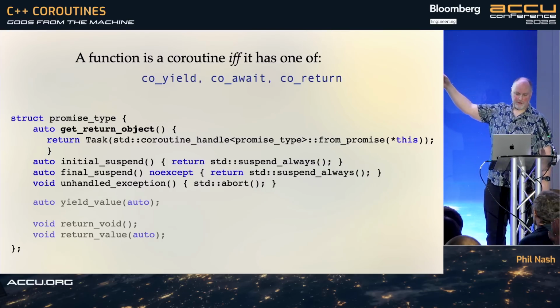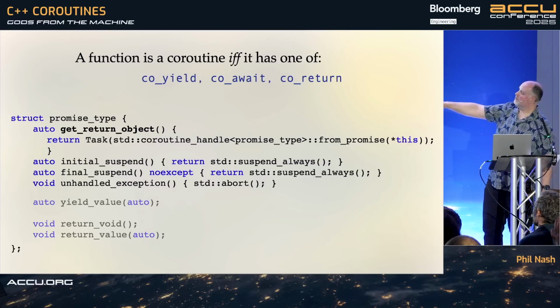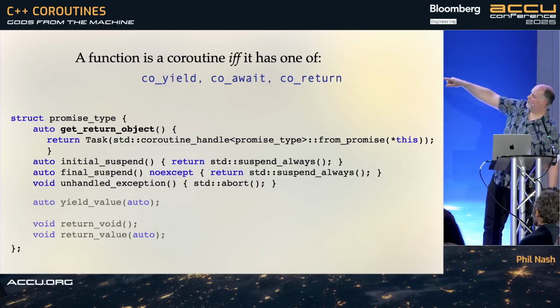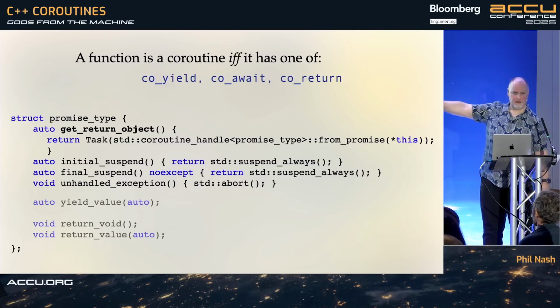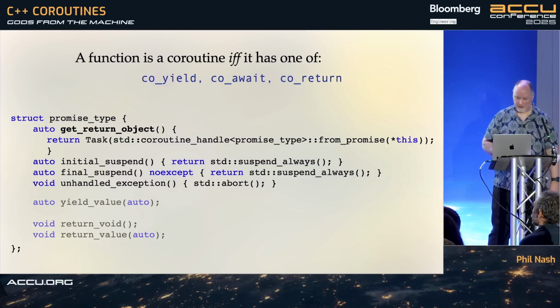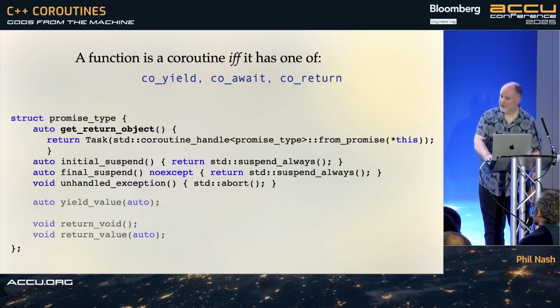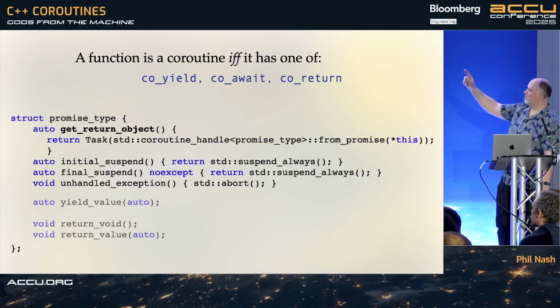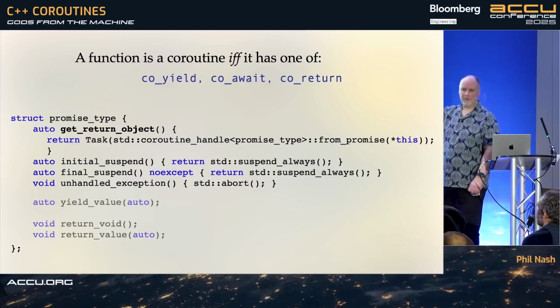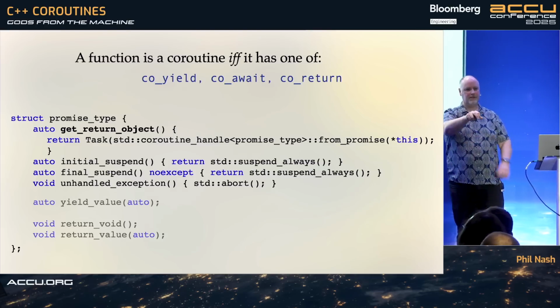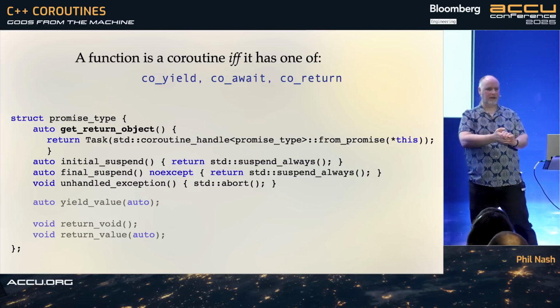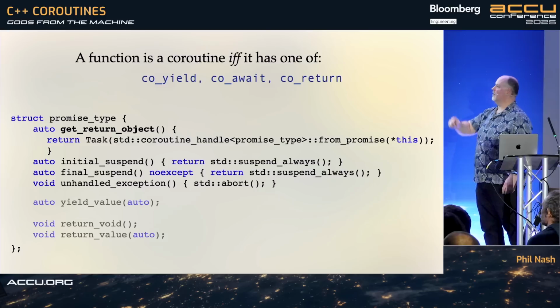We have to implement the promise type, which means implementing all of the first 5 methods, and usually some of the last 3. So let's take those one at a time. The return object is how we get the thing that actually gets returned from the coroutine function. We've been talking about tasks, but also std::generator. That comes from here.